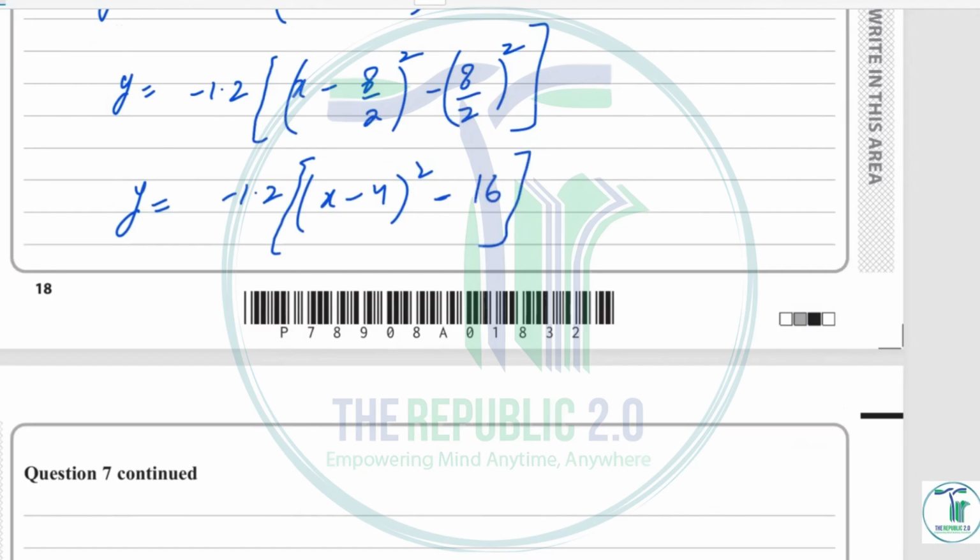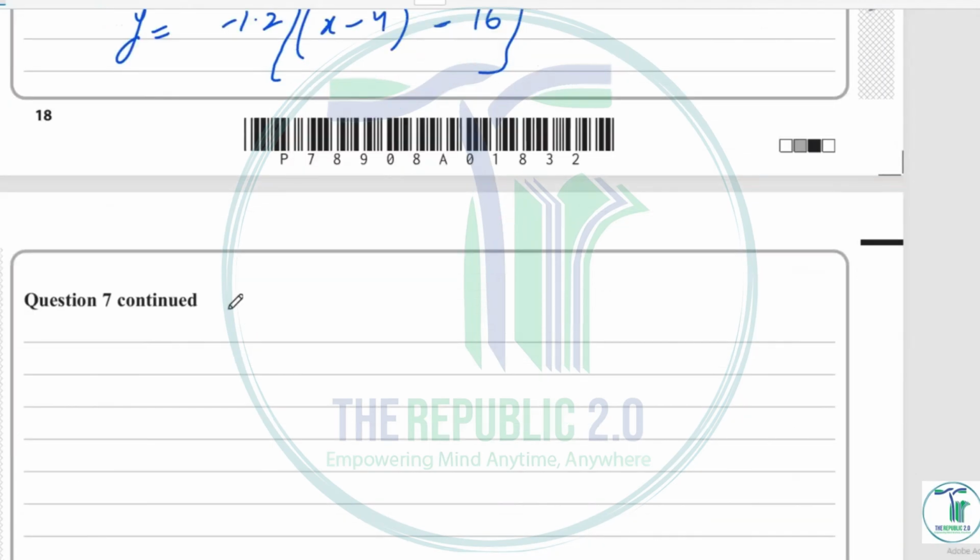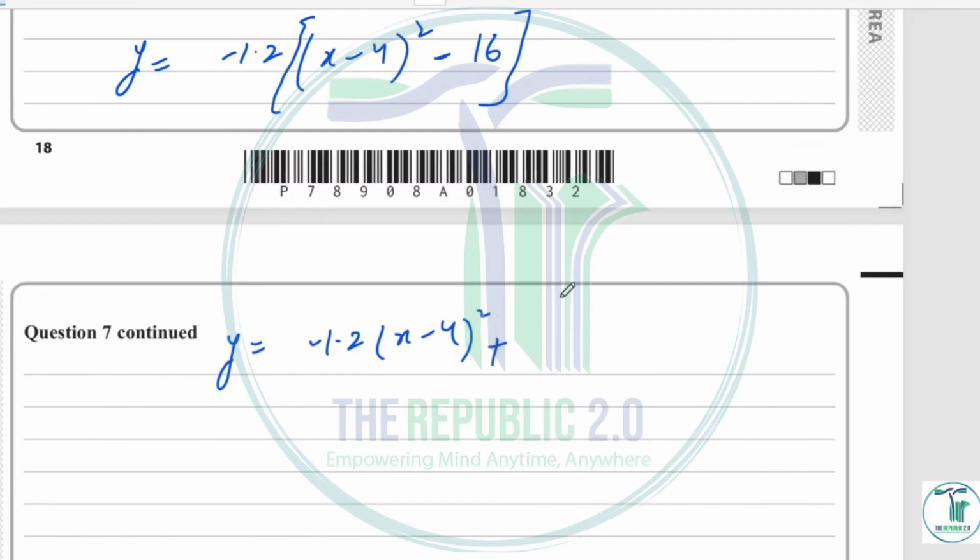So I've got this expression. And now y equals negative 1.2 times (x minus 4) squared, and then plus 1.2 times 16, which is going to be 19.2, right?